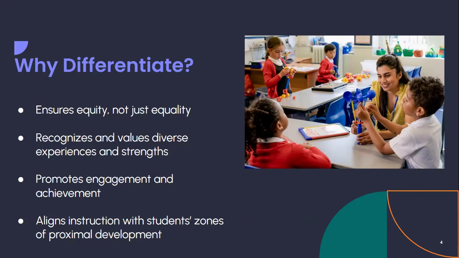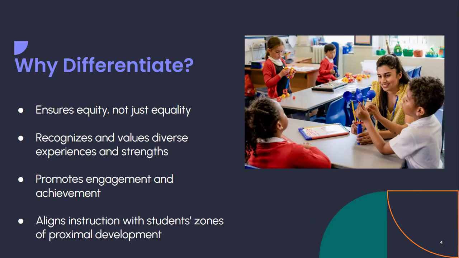So differentiation ensures equity, not just equality. It recognizes and values diverse experiences and strengths, and it promotes engagement and achievement. It aligns instruction with students' zones of proximal development.